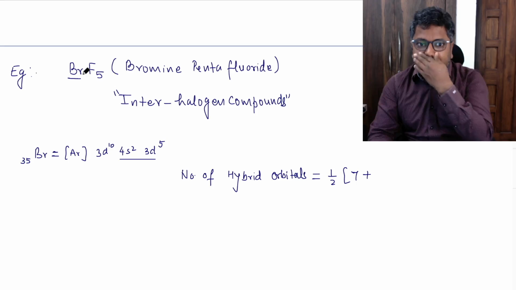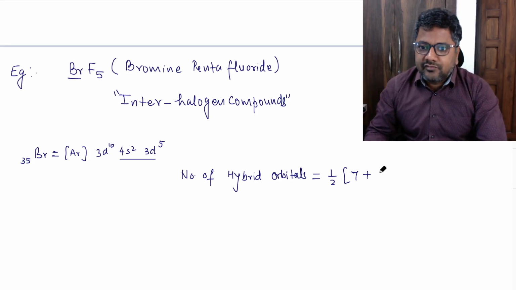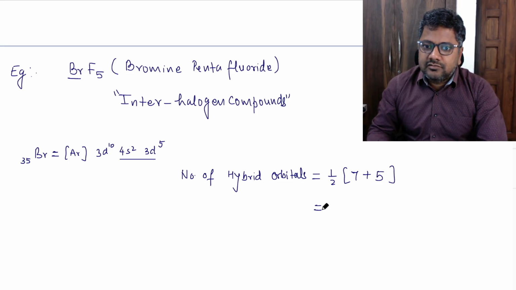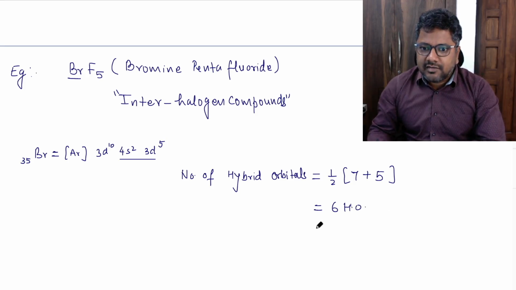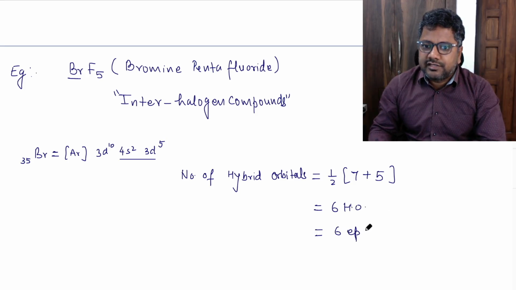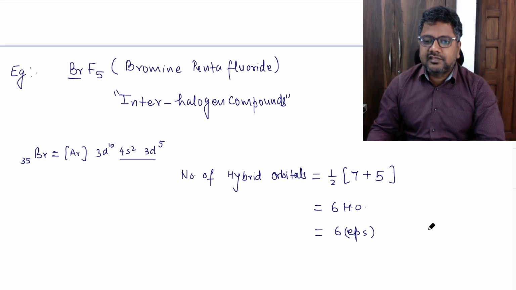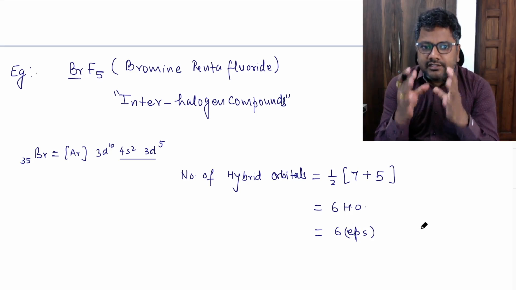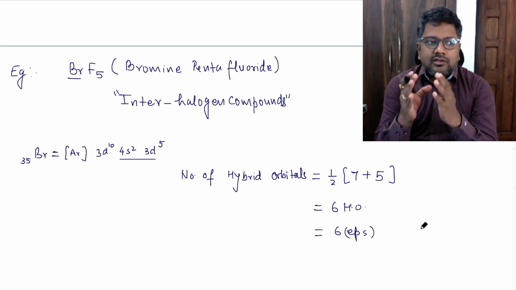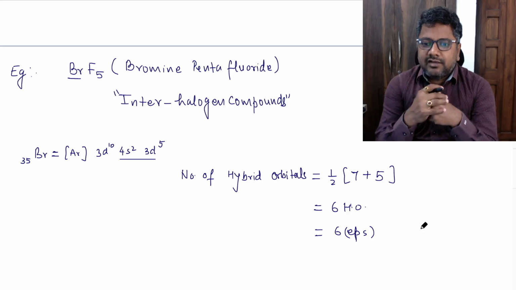How many fluorine atoms are adding here? 5. So this is equal to 6. So 6 hybrid orbitals should be there. 6 hybrid orbitals means 6 electron pairs should be there, right? So the number of electron pairs in this molecule is equal to 6.